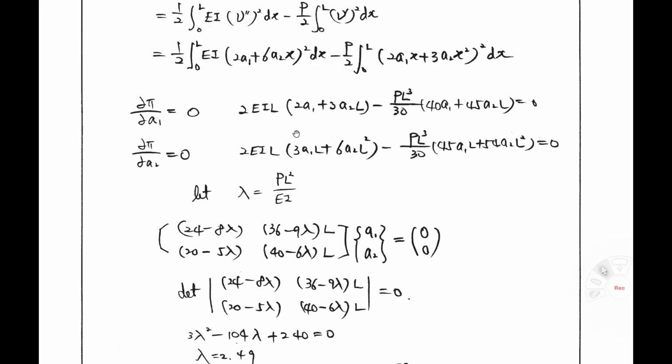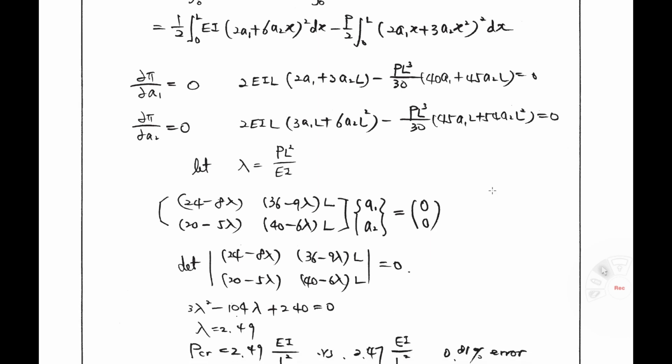The equations become somewhat longer, so we use a lambda equation. We let lambda equal P L squared over EI from this one. Then this equation can be written in this matrix form regarding A1 and A2. You can write this matrix form, right, if you let this be lambda.